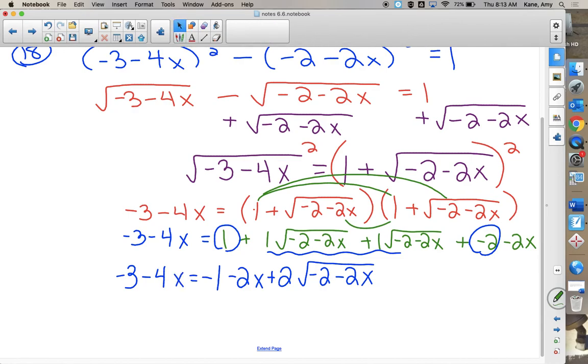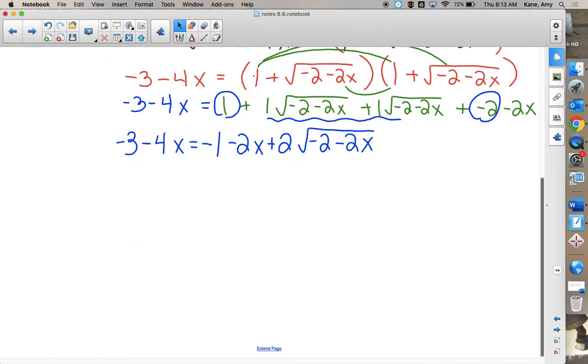Okay. So I did the first set of foiling for that problem up here. I also have this problem worked out on Google Classroom as part of the solution.